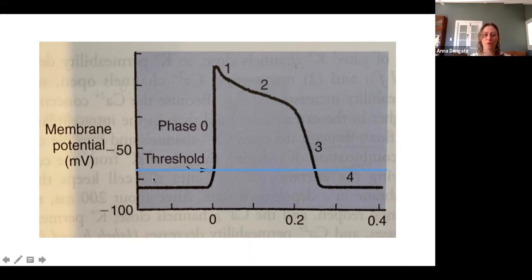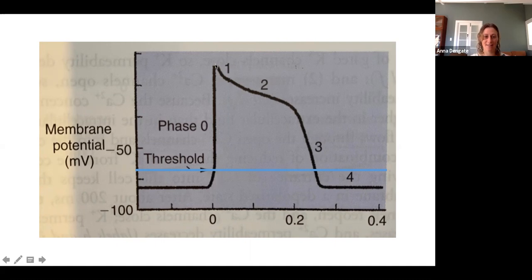And I said sodium before, there are other cells that use other ions, but for the sake of the cardiac cells, when enough sodium gets in, that threshold potential is reached, voltage gated, so voltage being the electricity, voltage gated sodium channels open, and sodium rushes in to the cardiac cell.